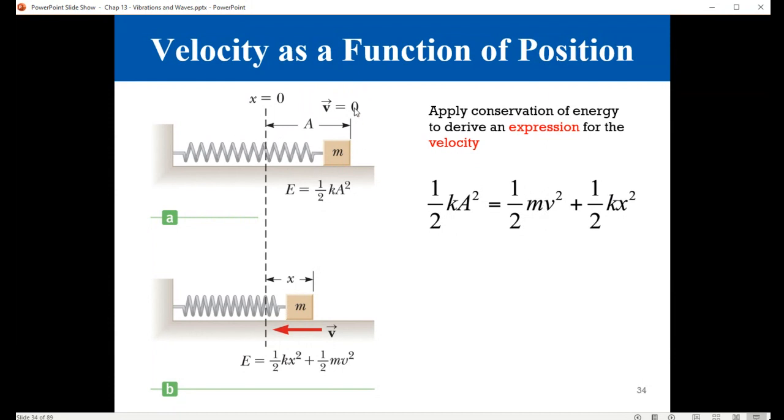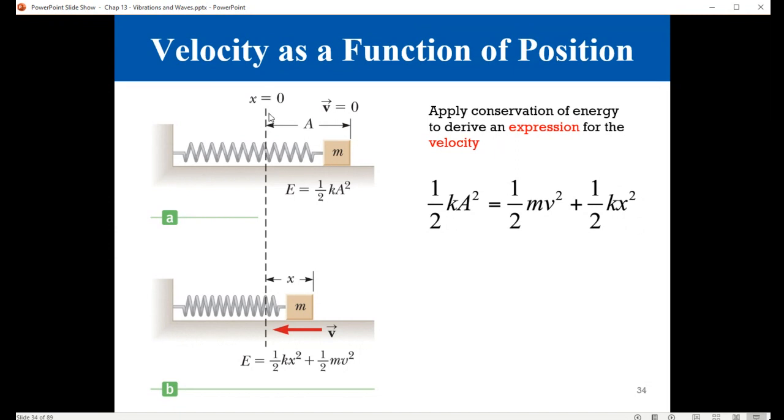The velocity is 0 before we release the mass, and when x equals 0 at this position, the velocity will be maximum, because now the energy is all kinetic. There is no potential energy at this position. When x is 0, the potential energy is 0, so the energy is all kinetic. Therefore, the velocity at this point will be maximum.